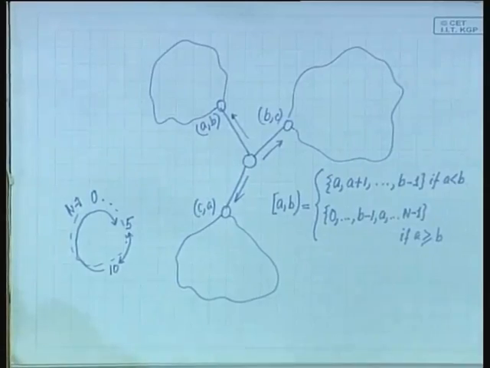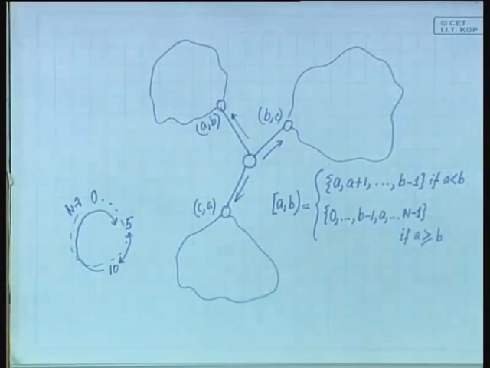Now, if you can number the nodes in such a way that for every node this holds, then we can have compact routing tables in every node, because we know that for this interval those addresses can be reached along this node, for this set of addresses this node. For each individual address we are not storing which is the next node, we are storing for this set of addresses this is the next node, for this set of addresses this is the next node, right.